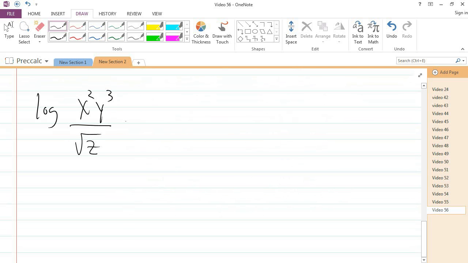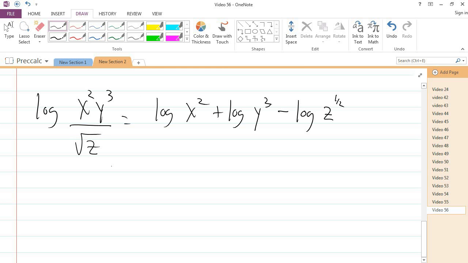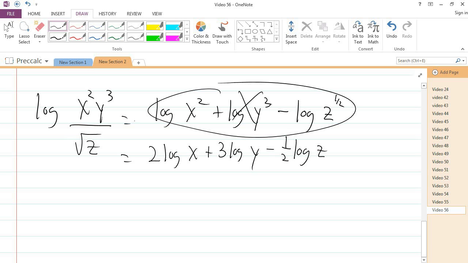If it's in the numerator, positive log, so x and y get positive logs, and z gets a negative log. And remember that a square root is a 1/2 exponent, and then we can move all of the exponents out in front. Now, guys, once you get to be really comfortable with this, you can even skip this step and go right to the answer.